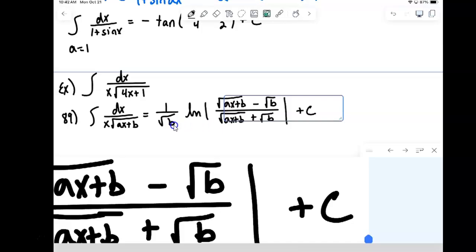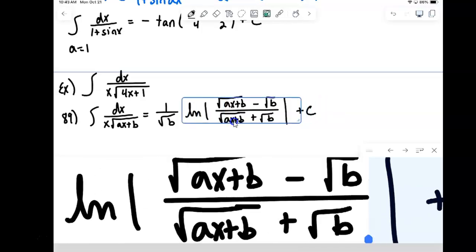Exactly how they got this, I'm not 100% certain even on my own how to integrate something like this right off the bat. But I can see where the 1 over square root of b came from. They divide all this by b, factor out the b, so you'd have a over b x plus 1, and the square root of b comes out and sits out front.